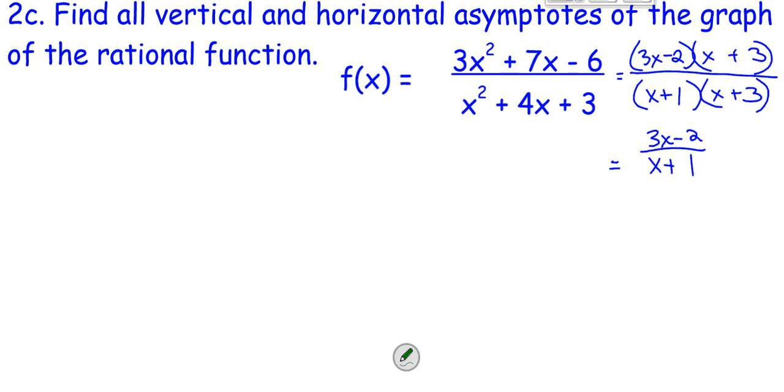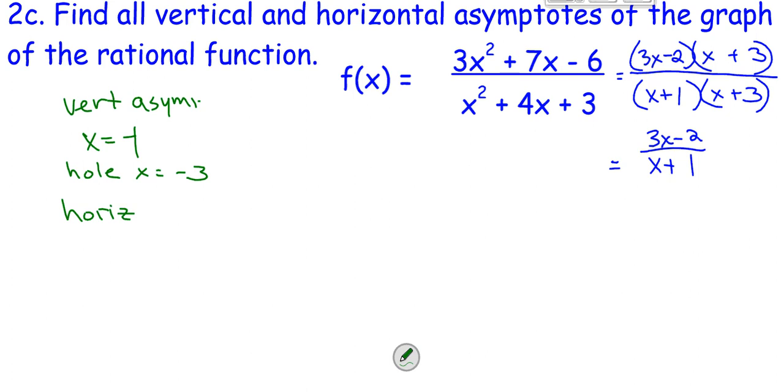And for this one, I have a vertical asymptote when x equals -1, I have a hole at x equals -3, and a horizontal asymptote.